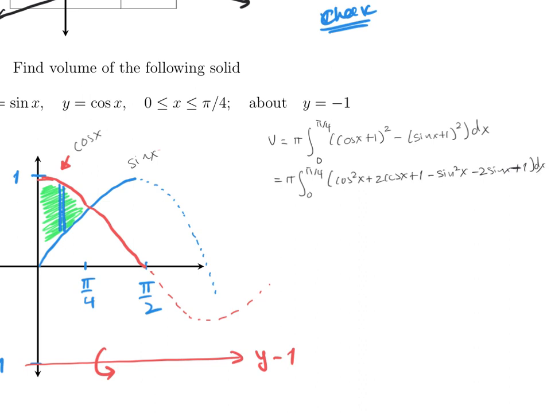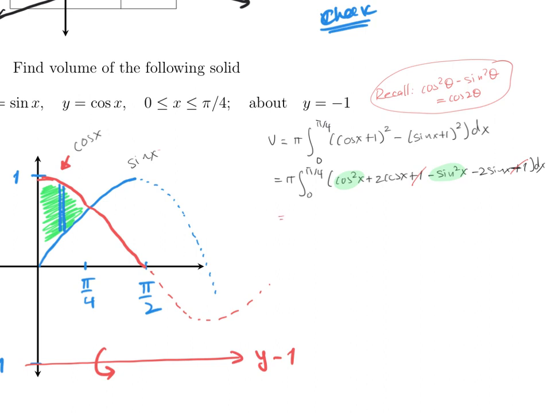And then here, the 1 cancels with the minus 1. Then notice that cosine squared minus sine squared is an identity. Recall that cosine squared theta minus sine squared theta is the same thing as cosine 2 theta. Just remember that from your trig skills. You also should have seen that in calculus 1.